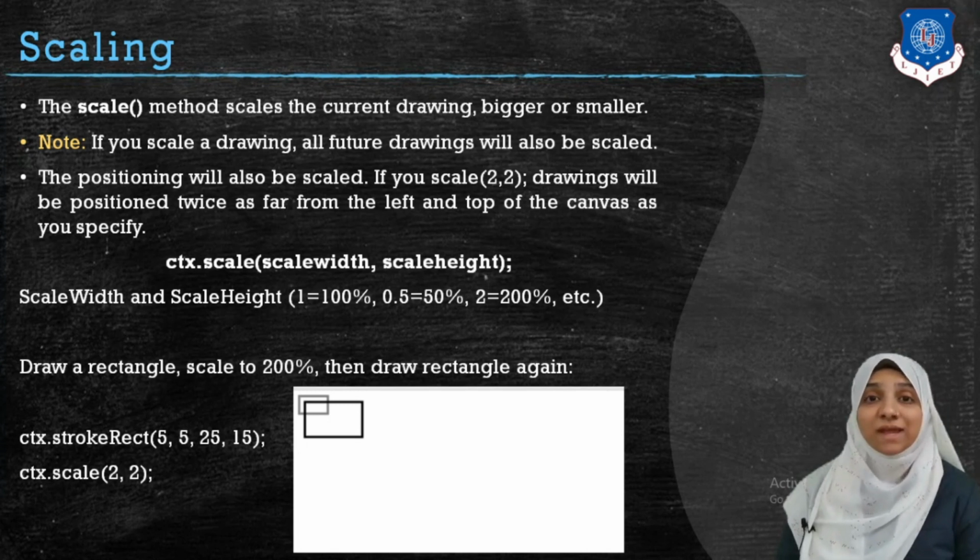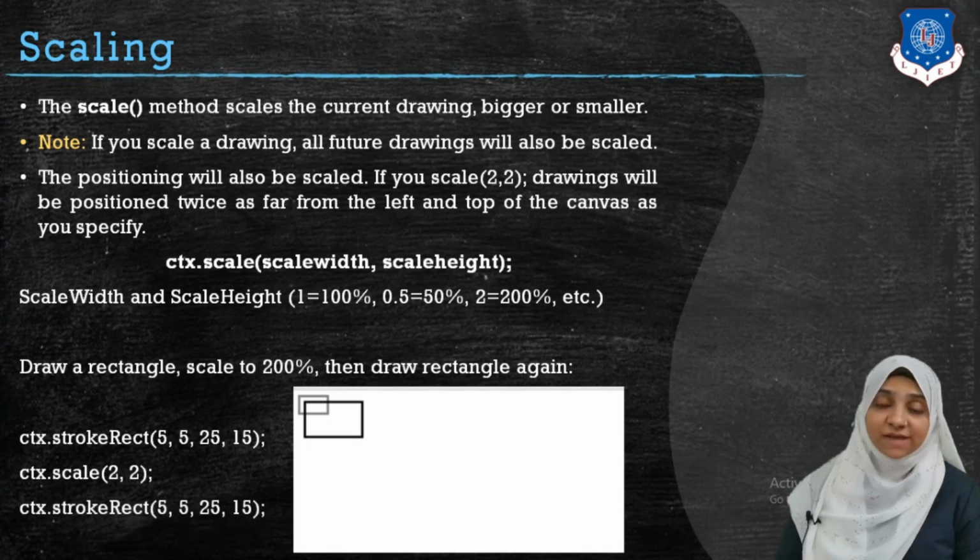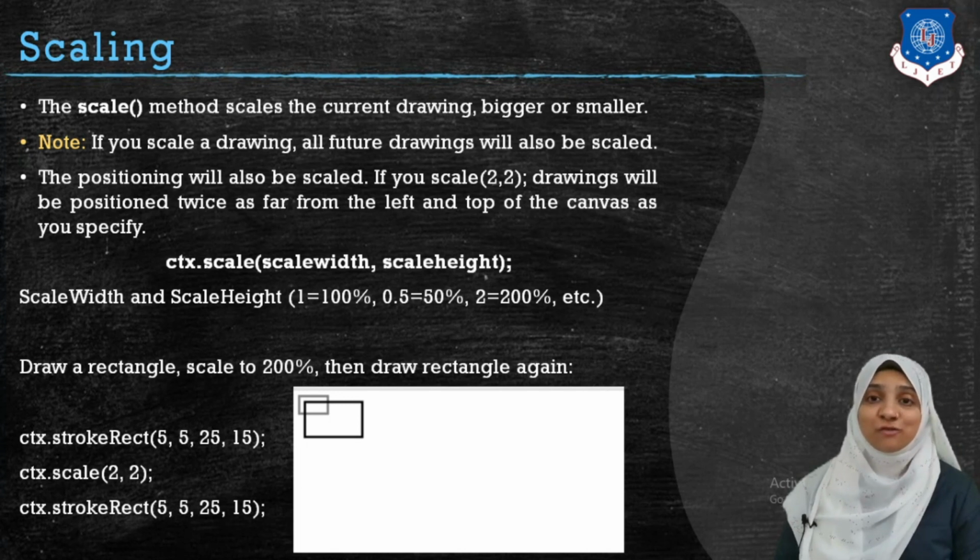Every shape will be twice as big. Then ctx.strokeRect again. Now for the second strokeRect method, every value will be doubled. That means 5,5 is now understood by the browser as 10,10, and 25 will be interpreted as 50. 15 will be interpreted as a height of 30.